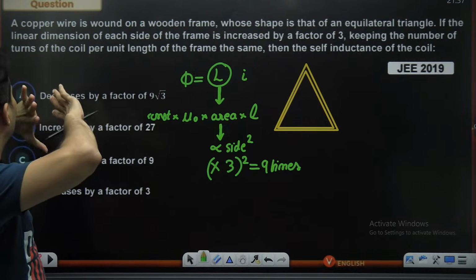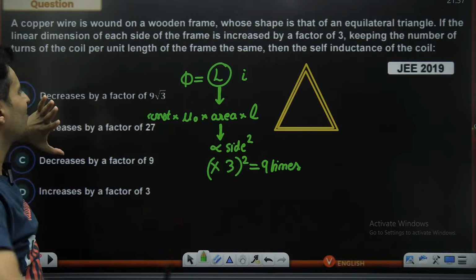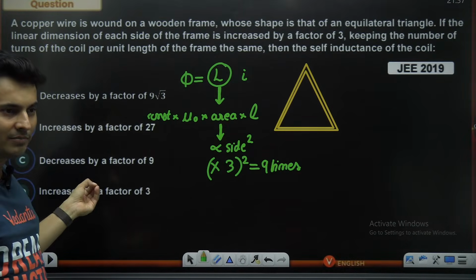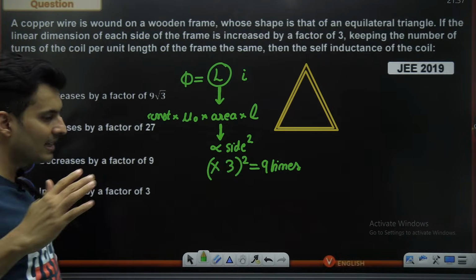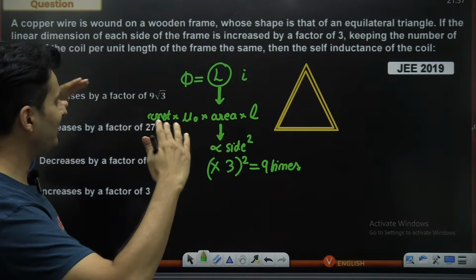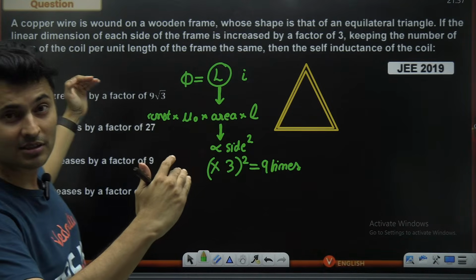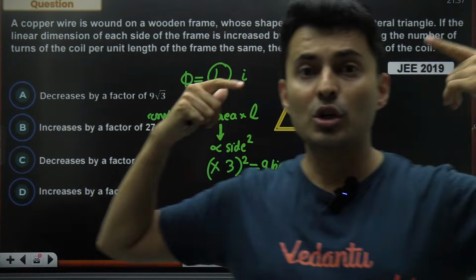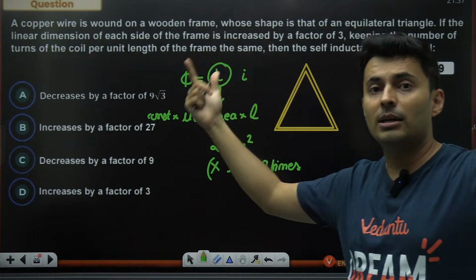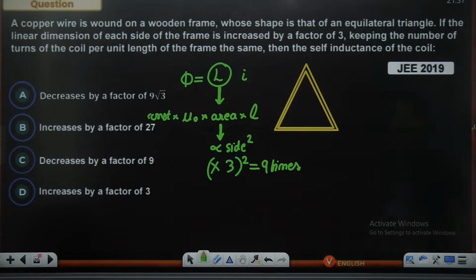So if you keep the number of turns per unit length the same, but you are increasing the dimensions, what will happen to the total number of turns? Just think about it.